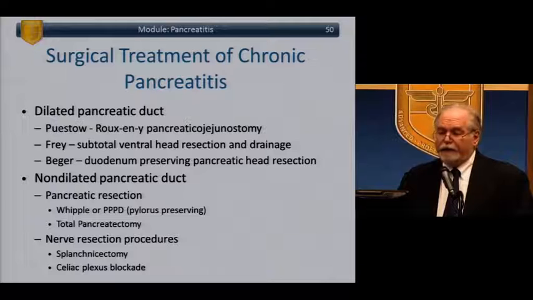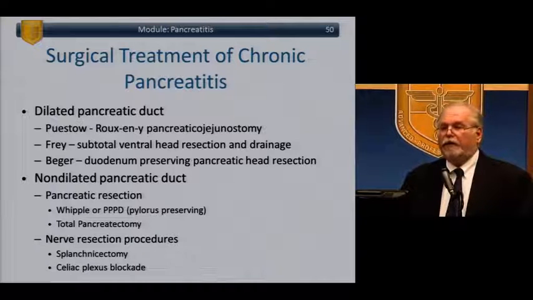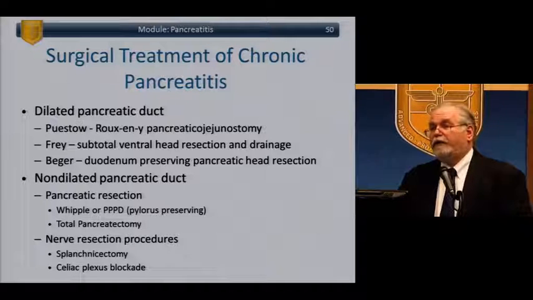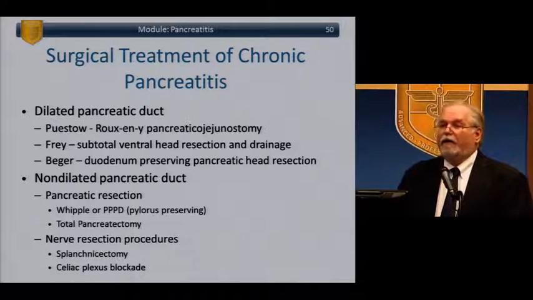So, this is probably the most important slide in this set, and that is the determination of what to do surgically for a patient with chronic pancreatitis. It hinges completely on whether the pancreatic duct is dilated or not dilated, and that's over or under 6 millimeters.